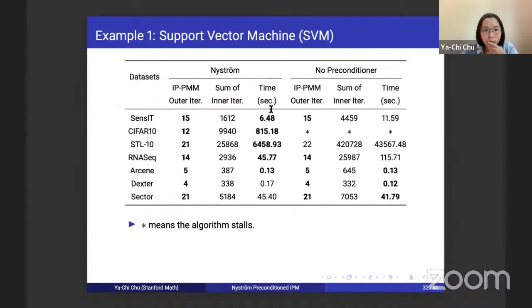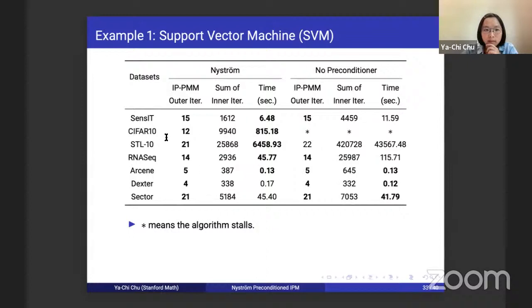So we compare the Nystrom preconditioner and no preconditioner here. We can see that it's not too bad except for one problem. Without the preconditioner, most of the data sets can still converge, except for CIFAR 10, which cannot converge; the algorithm stalls here.